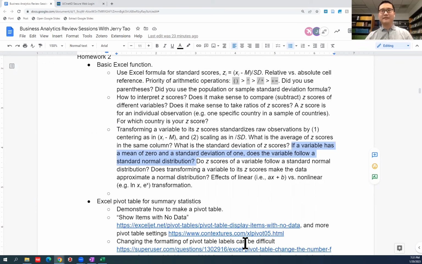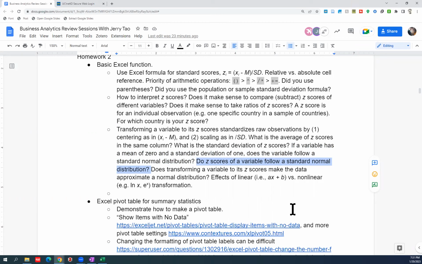Tiffany also made a follow-up inference, which has something to do with the next question. Do z-scores of a variable follow a standard normal distribution? Yes. Okay, Tiffany, unfortunately, incorrect answer.